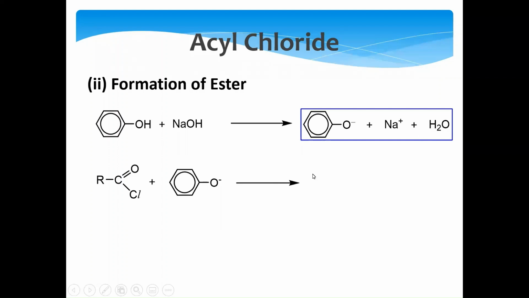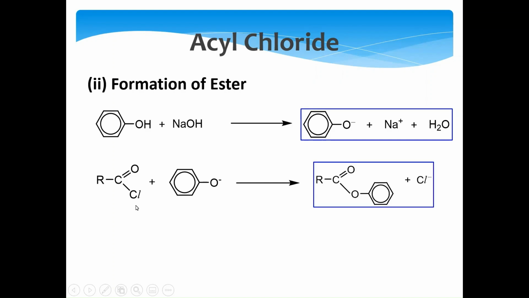In the second step, the phenoxide anion will then react with the acyl chloride. Take note, it's acyl chloride here, to give you the ester. And to balance the equation, you also have to have Cl- in the product. So this is how we form ester using phenol, reacting with acyl chloride, and also we have to add in NaOH.